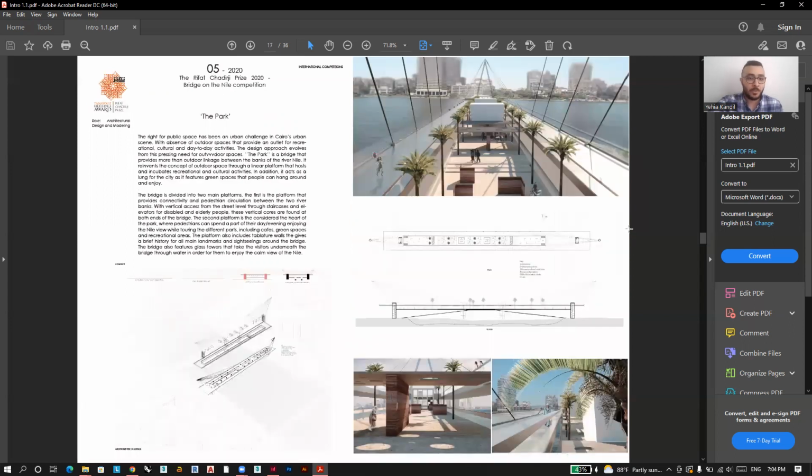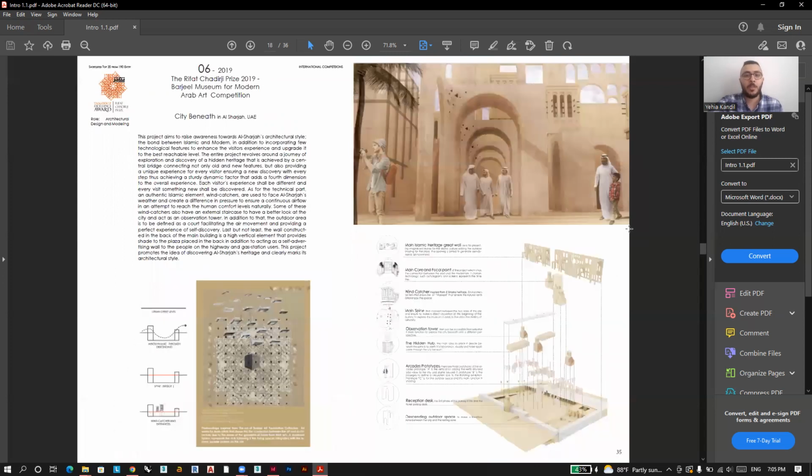This was a bridge, like a takeoff between two sides, crossing the Nile, and it has a park on it too. This was an awarded project as well, and it was published, and I was a top 20 project submitted.